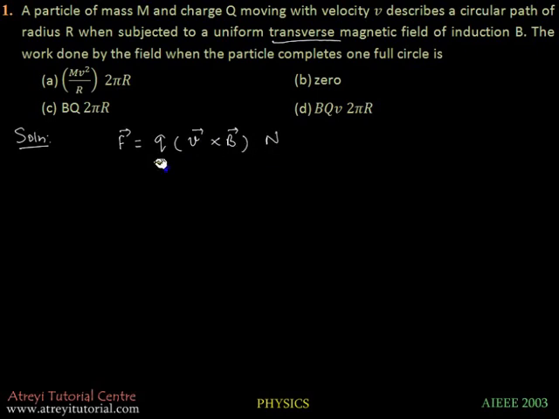So F is the cross product of v and B, so F will be perpendicular to the velocity vector as well as the magnetic field vector. So F will be perpendicular to v.